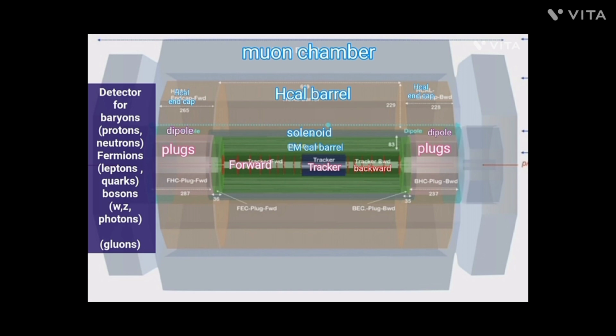They are the highest energy particles which can pass through all the detection layers, and for them there is another method of detection, that is the muon chamber. All the neutrinos and antineutrinos get detected in the muon chamber at different levels.